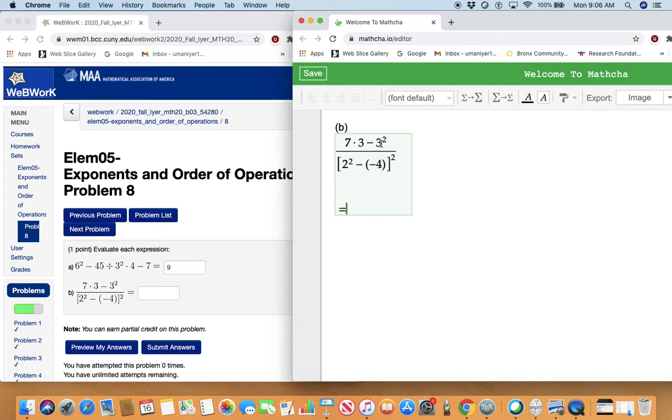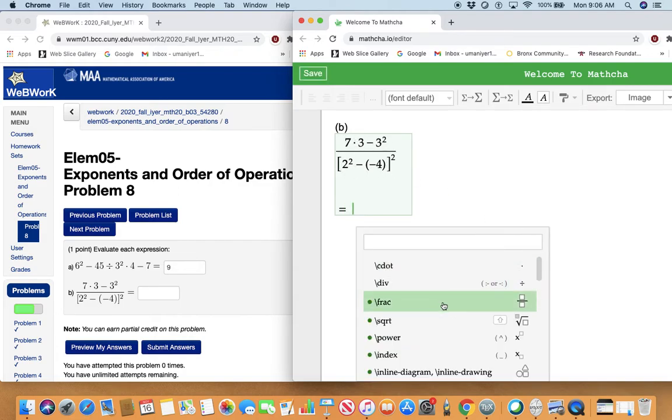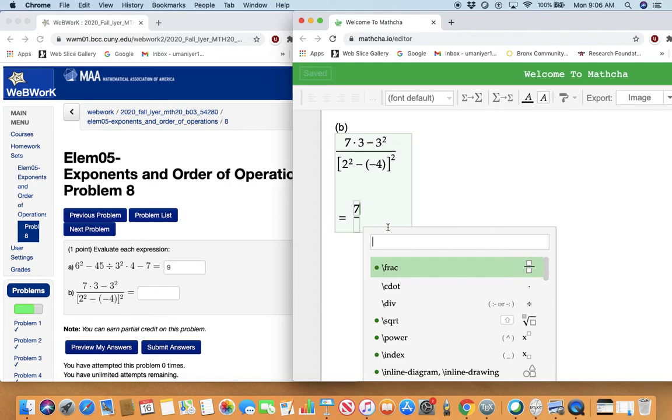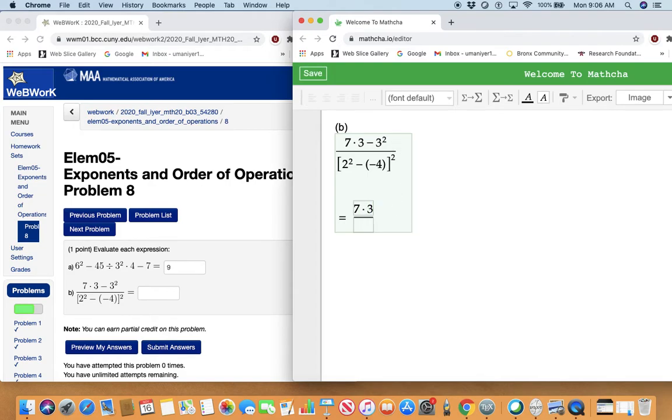That is, you look upstairs, that's a problem, and that's a problem. So there are two expressions. You need to resolve each expression separately. In the numerator, there's a multiplication, subtraction, and exponent. Exponent takes precedence. So I will write 7 times 3 minus 3 power 2 is a 9. Notice power 2 applies only to 3 because it's closest to it. It does not apply to negative.